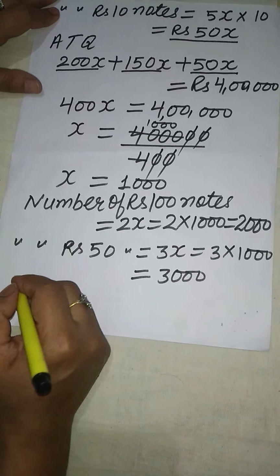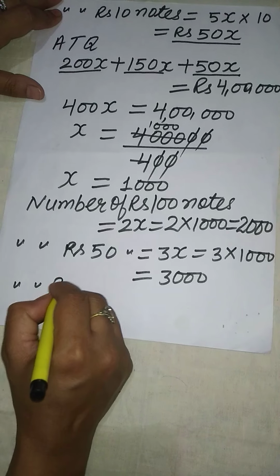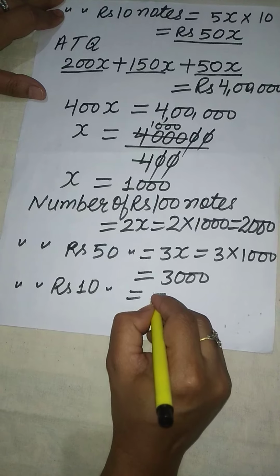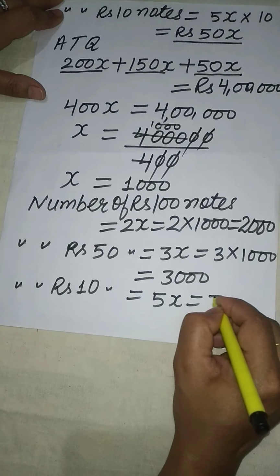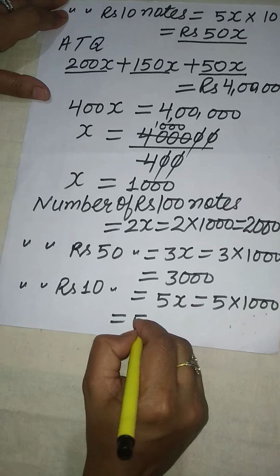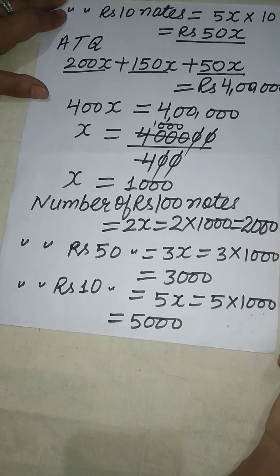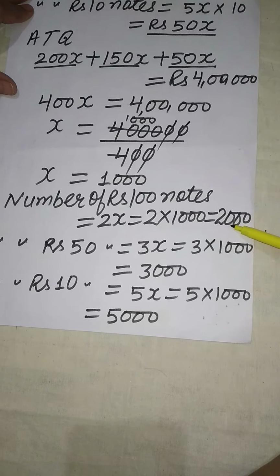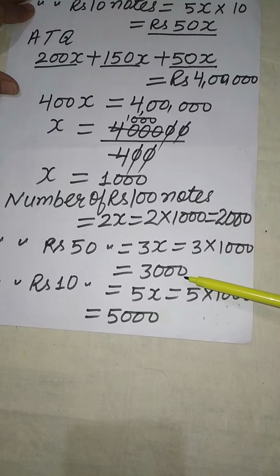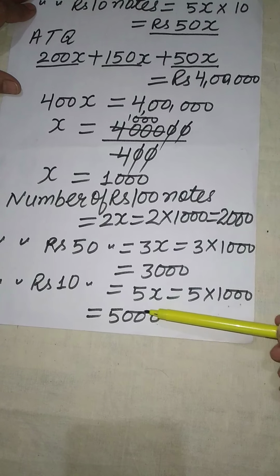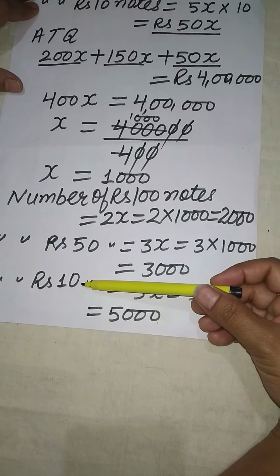And the last one is number of rupees 10 notes is equal to 5x. 5 multiplied by 1000 is equal to 5000. It means Lakshmi has 2000 notes of rupees 100, 3000 notes of rupees 50 and 5000 notes of rupees 10.